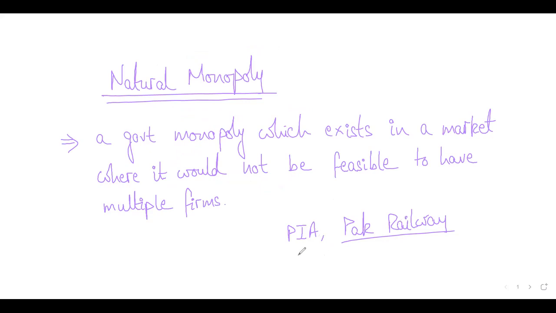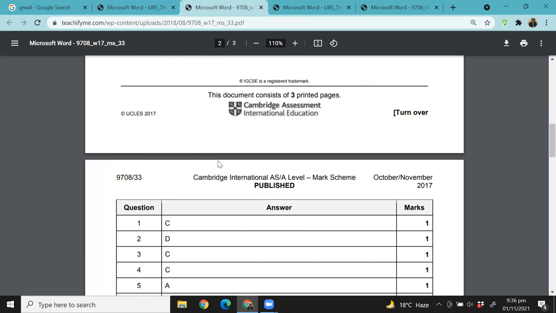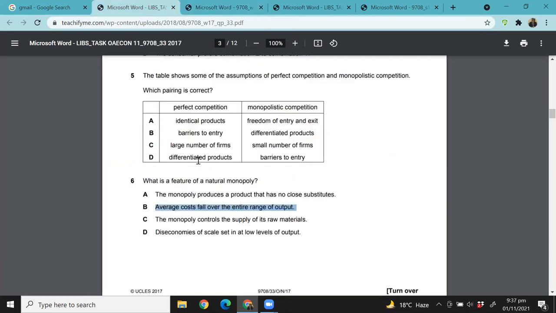So, coming back to the point, one feature of natural monopoly is that the average cost falls over the entire range of output, which means there should be only one business in that market.